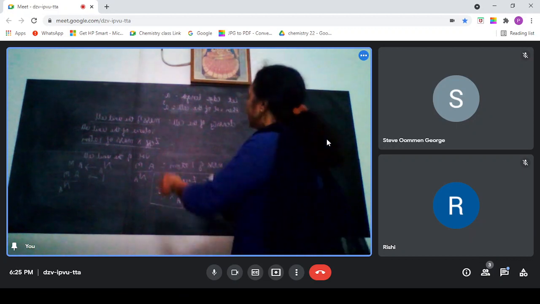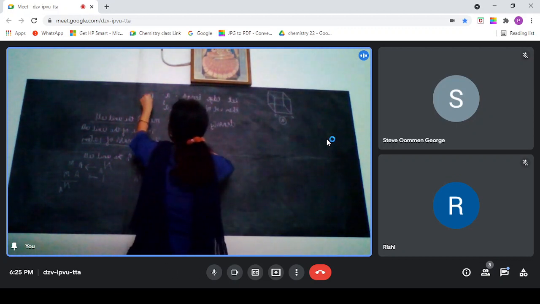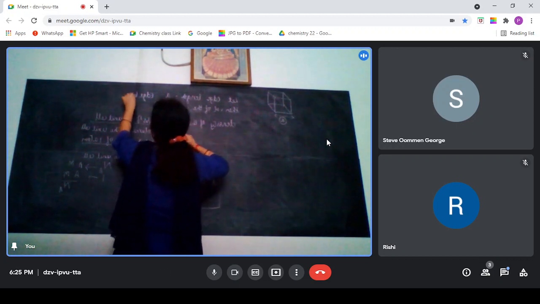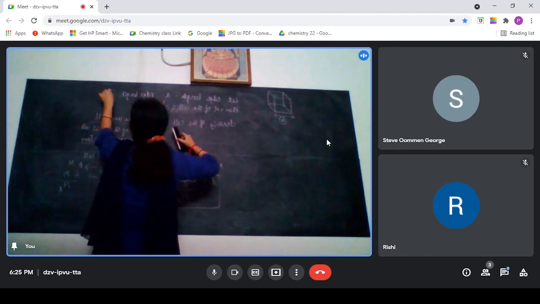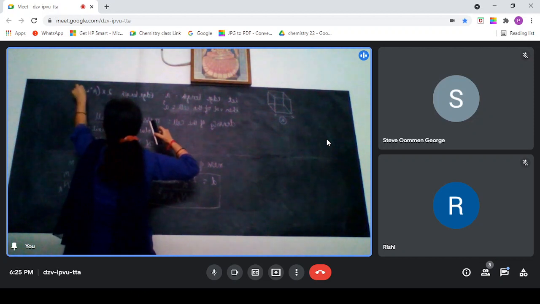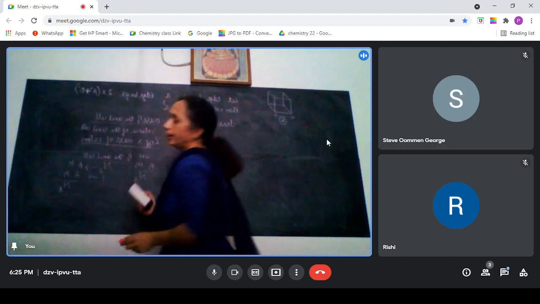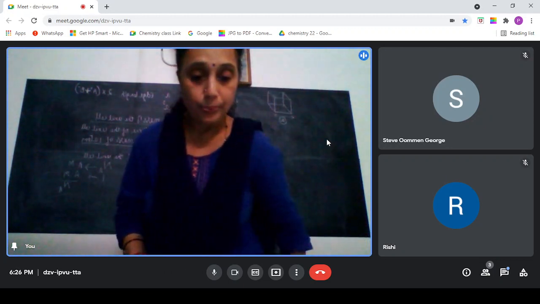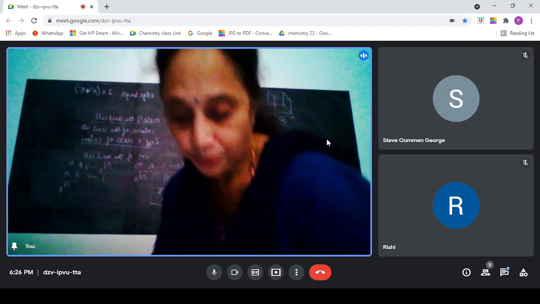So then edge length, this is very important, will be equal to 2 into distance between the ions. Note down this.